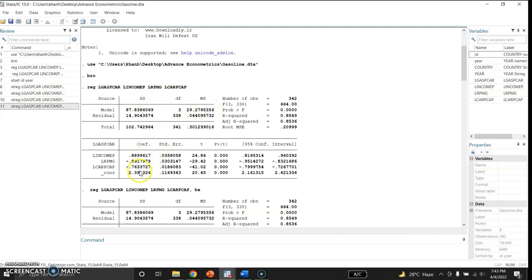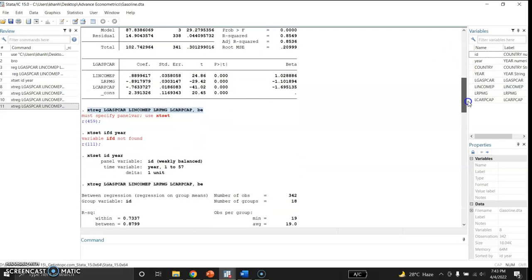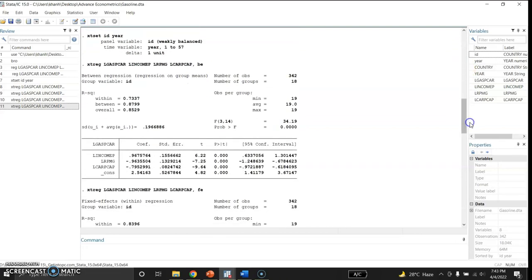So I'll be comparing these coefficients that I estimated with the OLS regression, and then I will show you the panel data regression for the between groups, and again I am using the same variables that I just discussed. This is my log gas per car, gas consumption per car. This is the dependent variable.